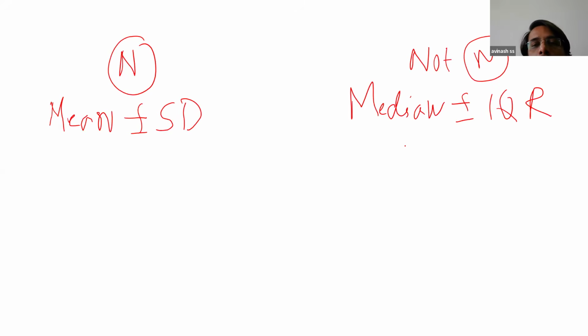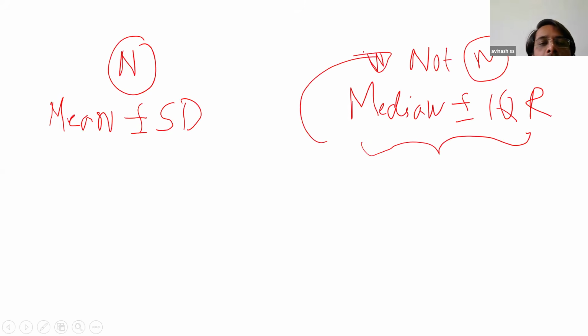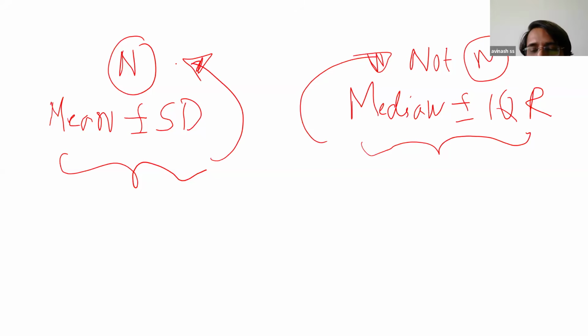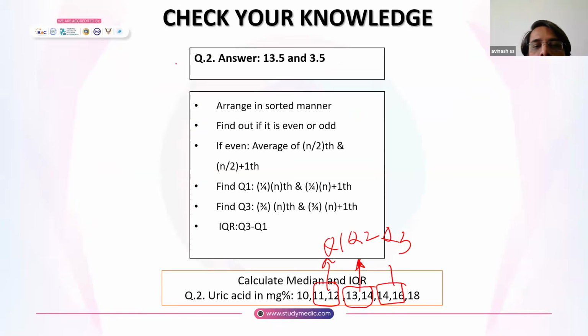So in a problem, if they give the sample statistics in median and IQR, you can presume it is not normally distributed data. And if they give the sample statistics in mean and standard deviation, then you can presume the data set is normally distributed. Okay, so these are the simple features of the data sets, right?